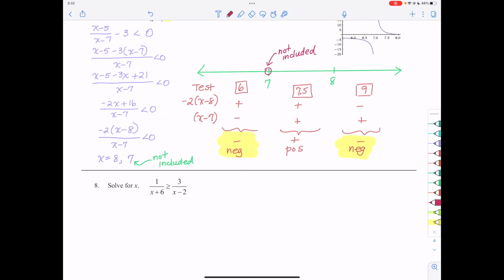And we can write our solutions. We'll have negative infinity going all the way to 7. And then we'll start at 8. Excuse me, since it's less than, we don't want 8. And then we have 8 to infinity. Okay.